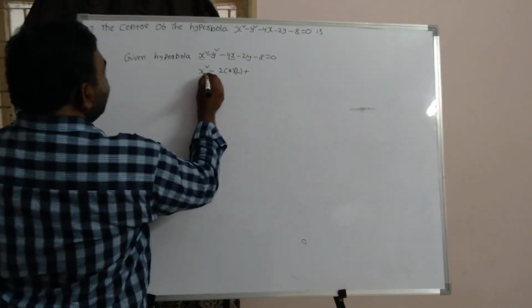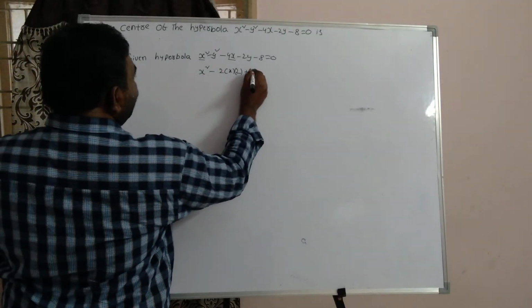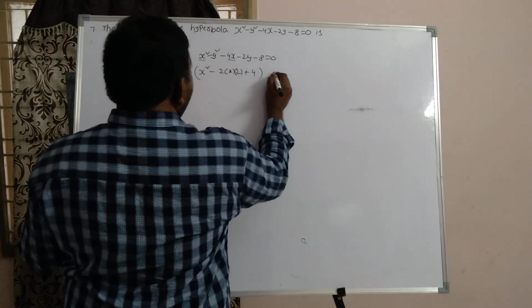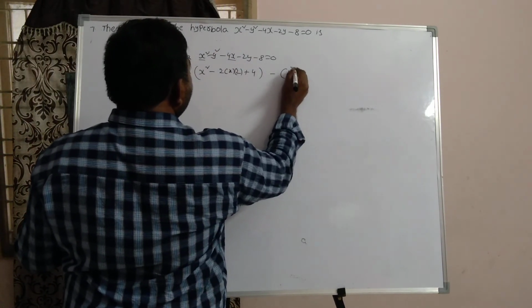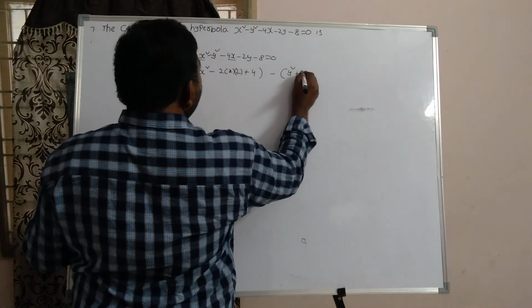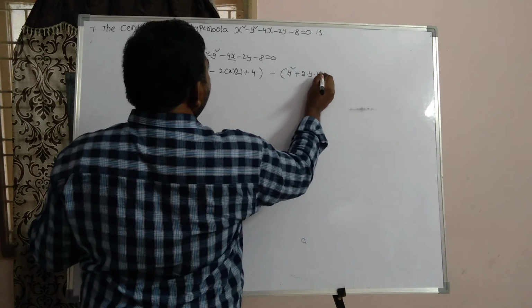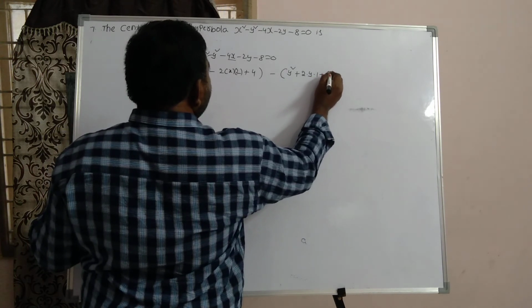Here a square minus 2ab plus b square means 4. This part complete. After here take minus common. Minus of y square plus 2ab, 2 into y, into 1. Plus b square means 1 square means 1.